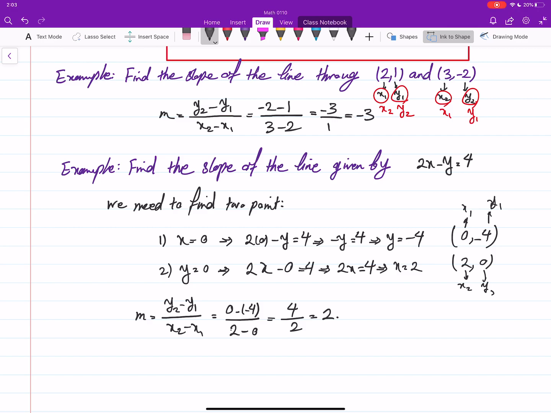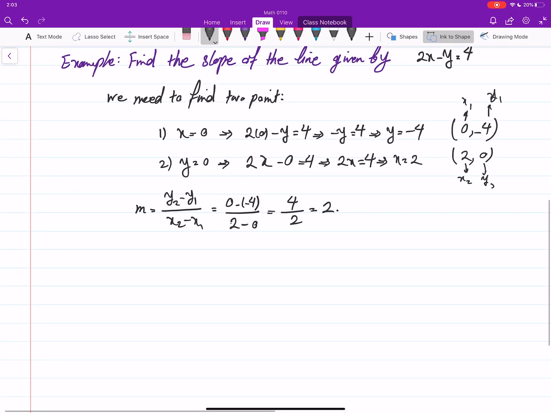But by a little bit of work, there is an interesting remark. If someone gives you an equation for a line, you can change it to a form called slope-intercept form, and then the slope is just right there to pick up.